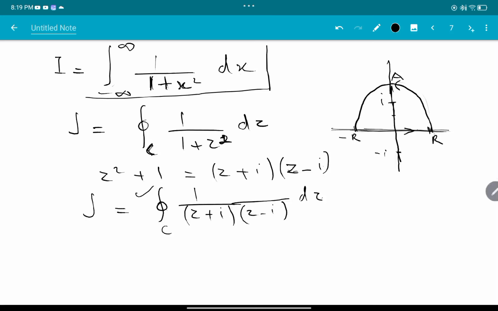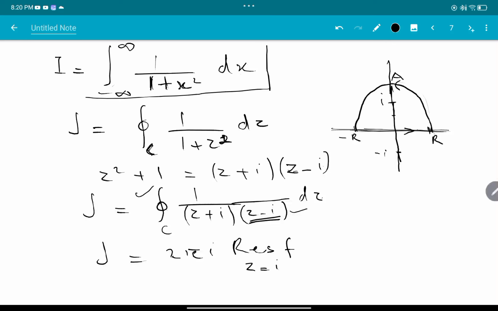So now I take the singularity z equal to i. The other singularity factor gives me z equal to minus i. Now I know the integral J is equal to 2 pi i times the residue of the function f(z) at z equal to i.